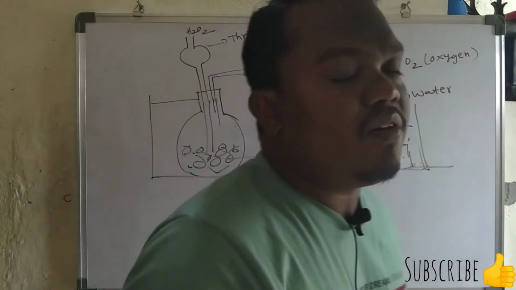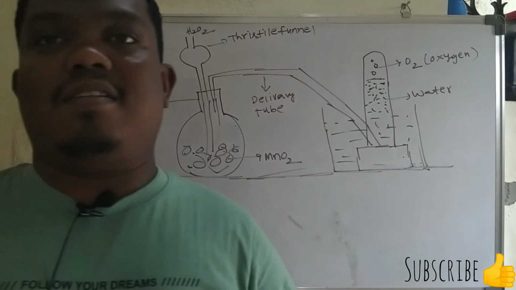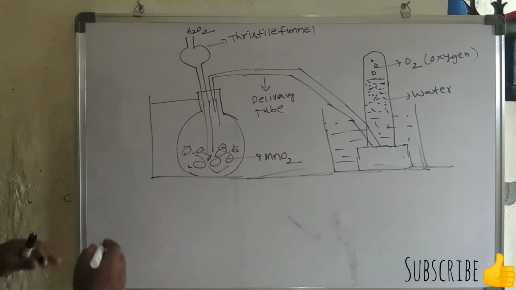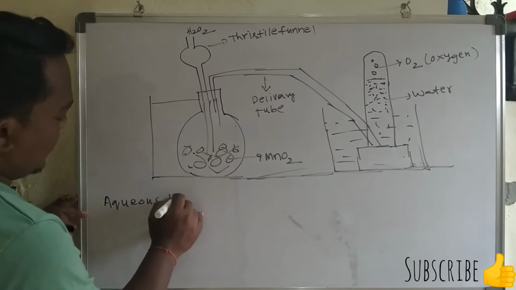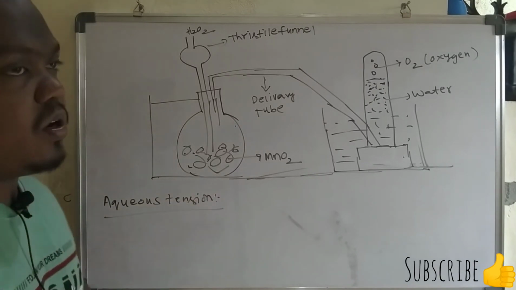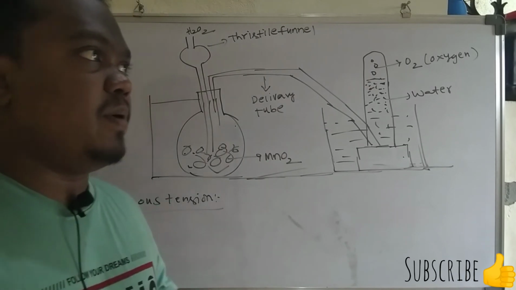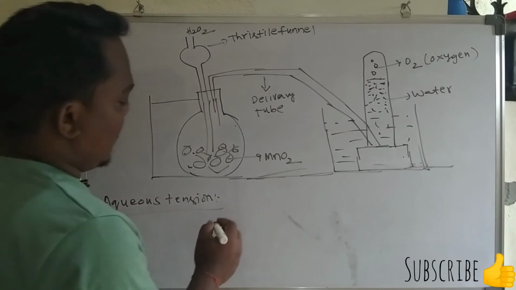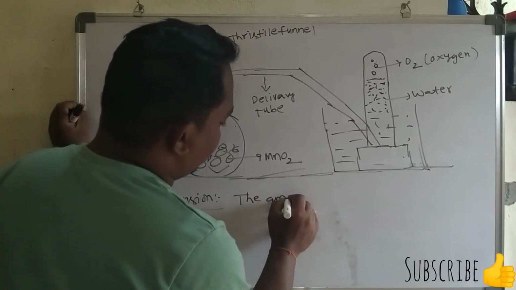Now, applications of Dalton's law. The main important one is aqueous tension. What do you mean by aqueous tension? The amount of water vapor present in the gas is called aqueous tension.